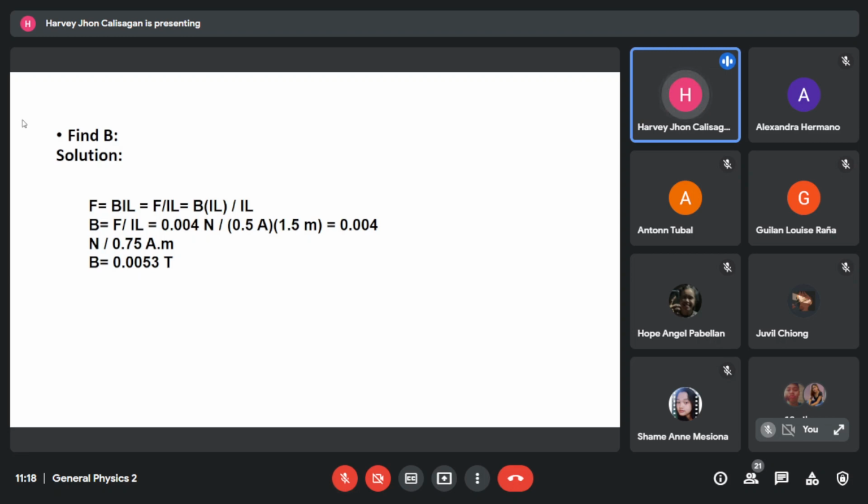For example, you have to look for the length, but in the given we have a magnetic field strength, we have a force, and we have a current, but we don't have the length.